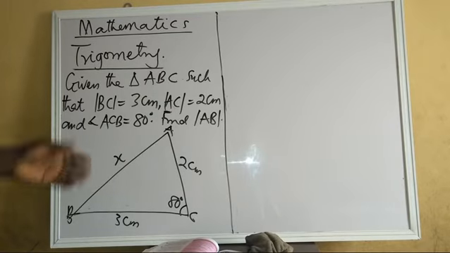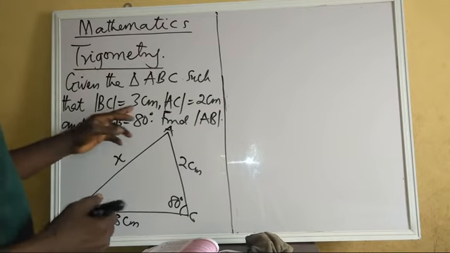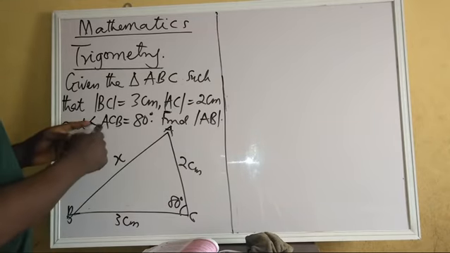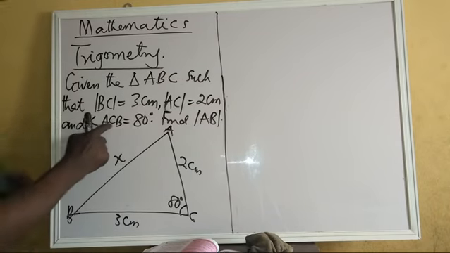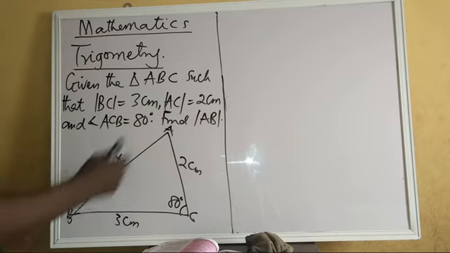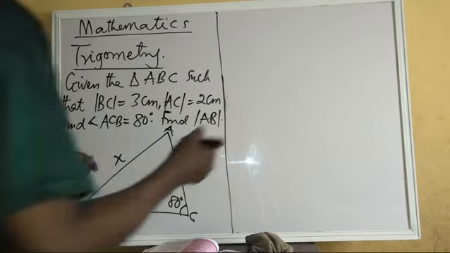Let's look at this example. Given triangle ABC is such that BC is 3 centimeters, AC is 2 centimeters, and angle ACB is 80 degrees. That means we are given angle C. Find length AB. So we assume that length AB is represented as x centimeters.